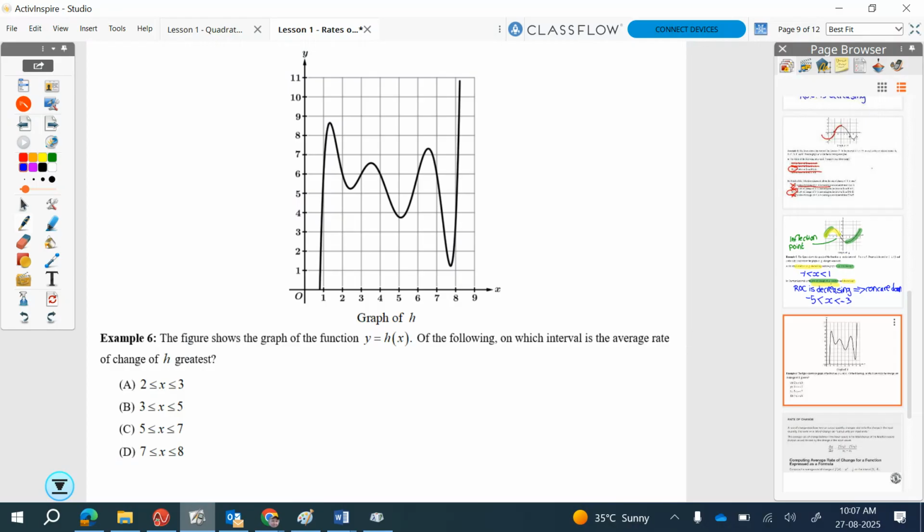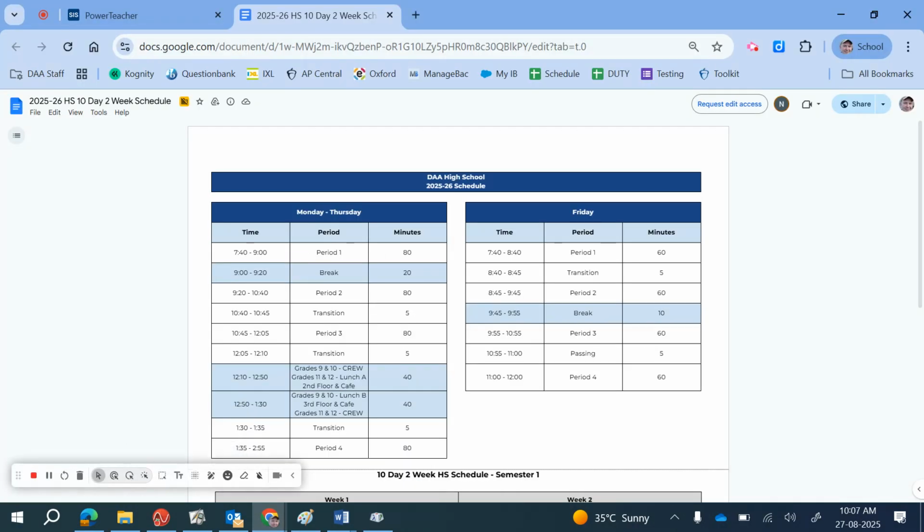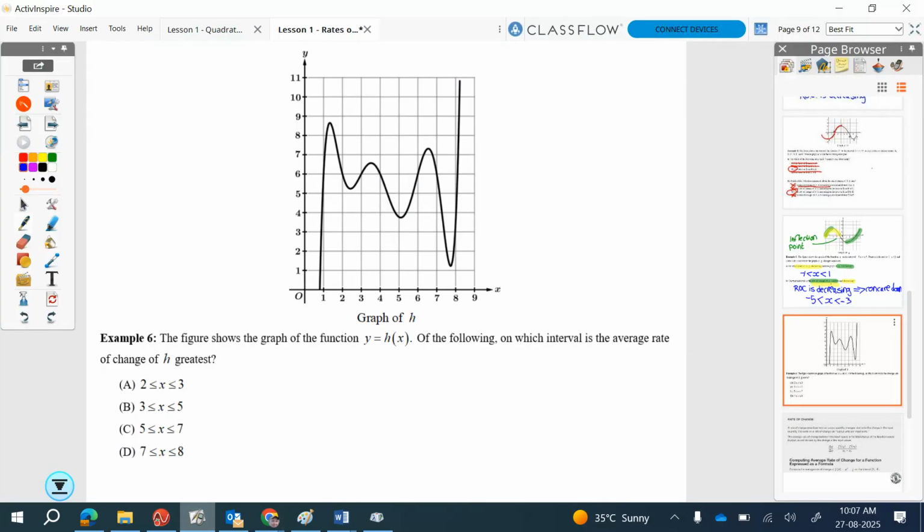Okay, let's have a look at this solution here. This time we're looking at average rate of change. You should have covered average rate of change in grade 9, in Algebra 1 or in IM2.